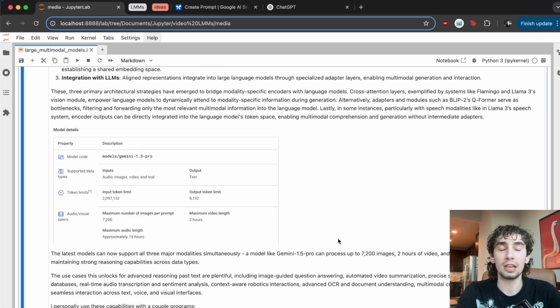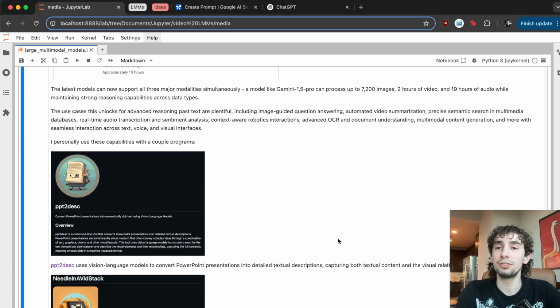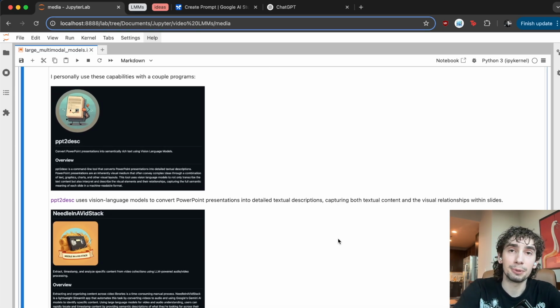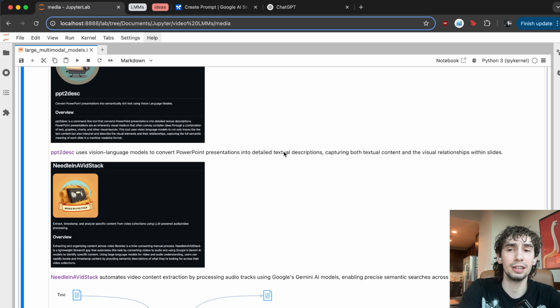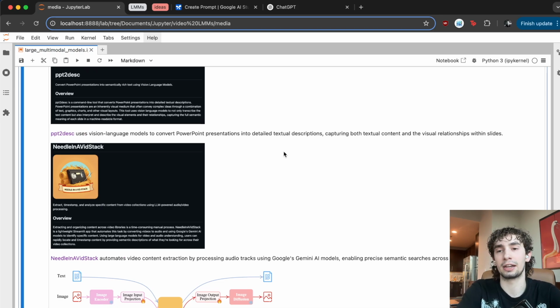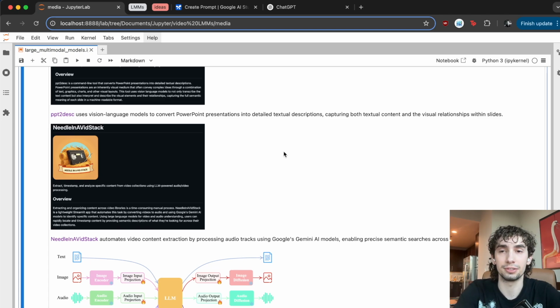I personally use these capabilities in a lot of different projects, both personal and private. Some of the ones that I've posted, which I won't go into depth on as I've had some videos covering these, are things like PowerPoint to description, where I use vision language models to convert PowerPoint presentations into detailed textual descriptions, able to capture both text content as well as visual relationships across different slides, and things like Needle in a Vid Stack that automates video content extraction by processing audio tracks using Google's Gemini AI models, which enables me to do precise semantic searches across extensive video collections.